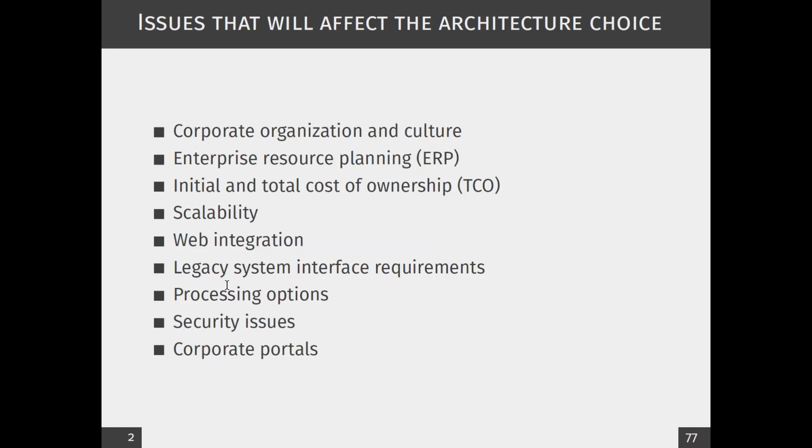Now, when you talk about the architectural choices, that affects a lot of things. For example, the organization and its culture affect the architectural choice. If the organization prefers web-based solutions, maybe the architecture will be based on that.